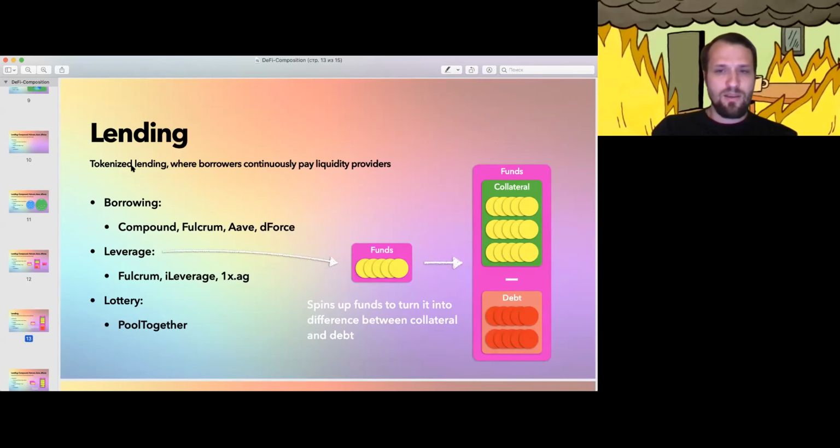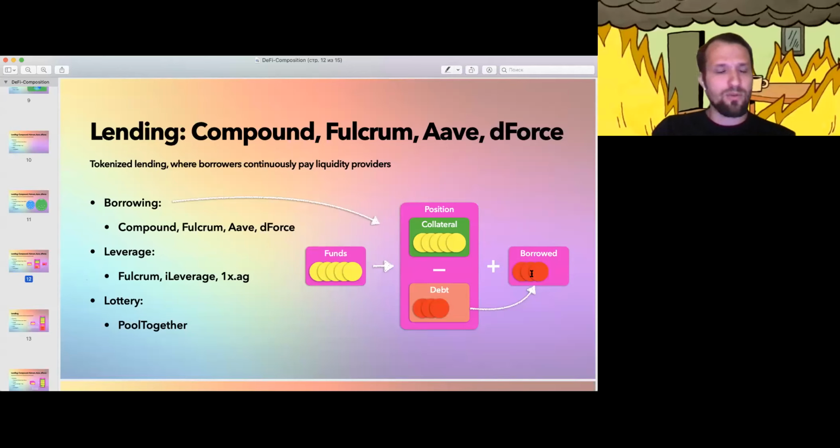It is that if we, for example, have $1,000 of Ether, and we wanna create a long on Ether to DAI, we can turn our $1,000 into $3,000 of Ether collateral and $2,000 of DAI debt. So the difference between your collateral and your debt is your funds. If we compare with the previous image, you will see that you have some borrowed amount in your hands.